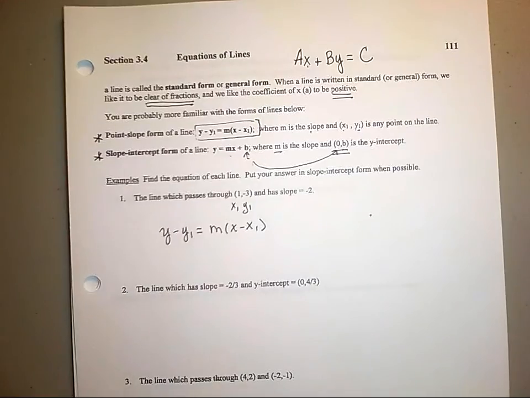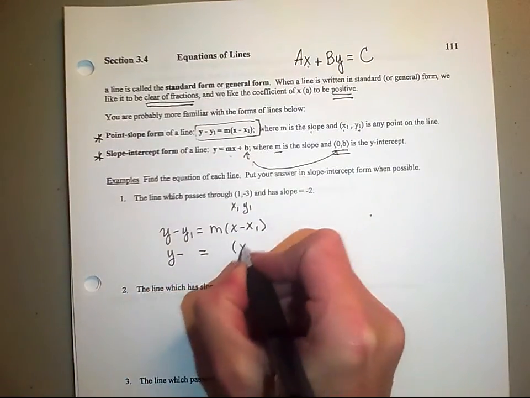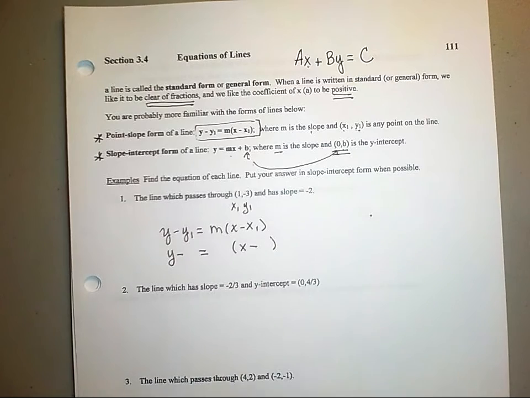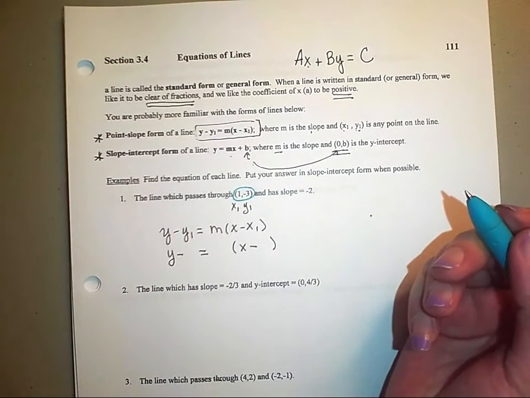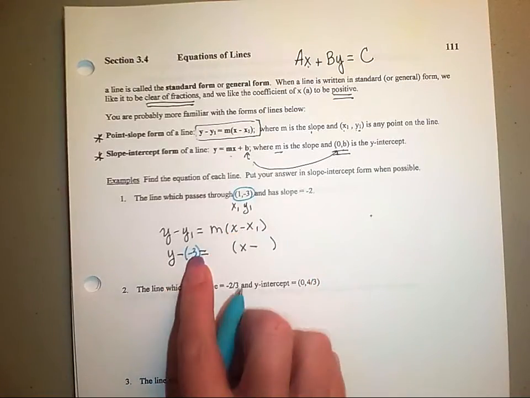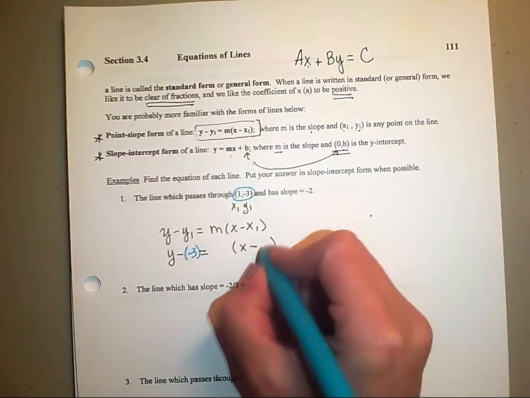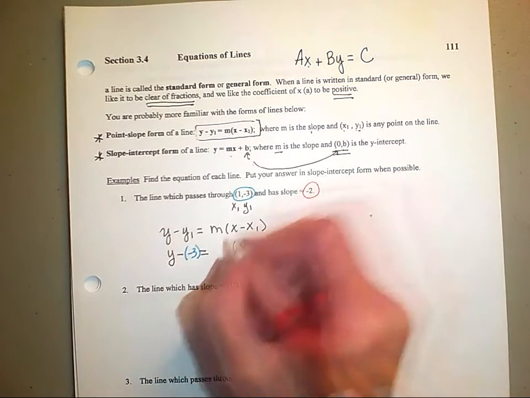So let's put this in. I'll put our point here as (1, negative 3), so y1 is negative 3. Notice I'm going to use parentheses, and this is 1. And then we can put in the slope we're given as negative 2.